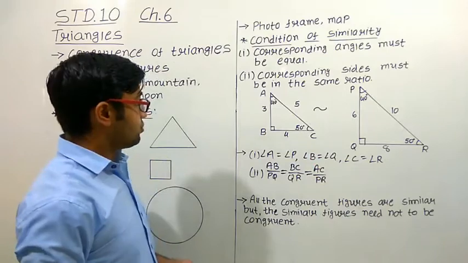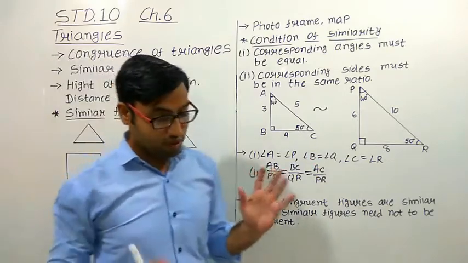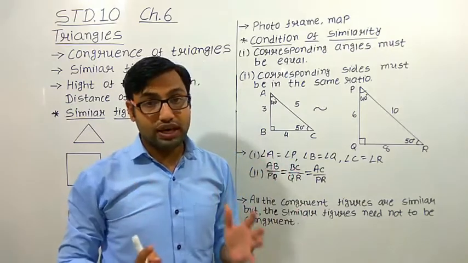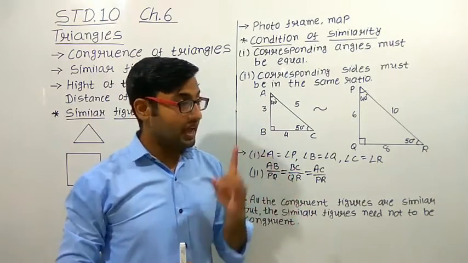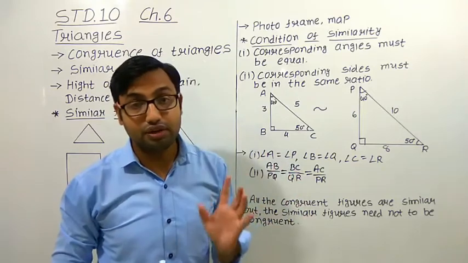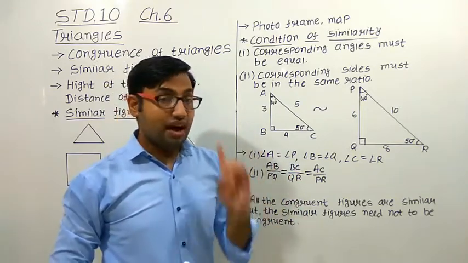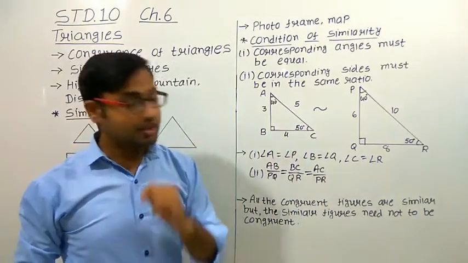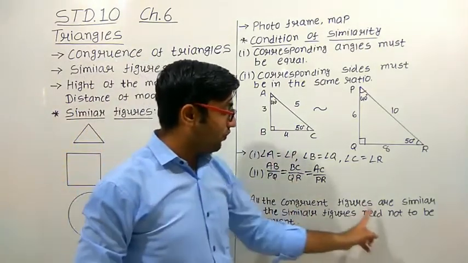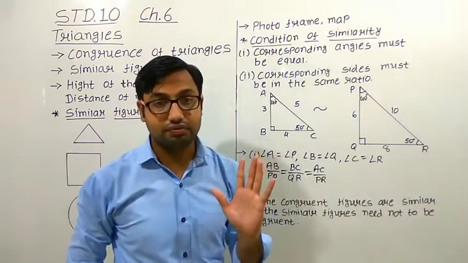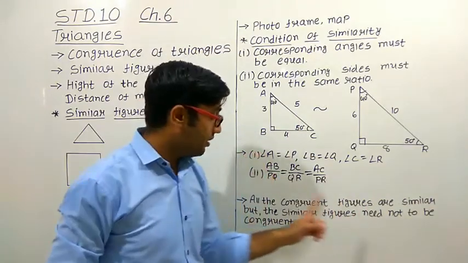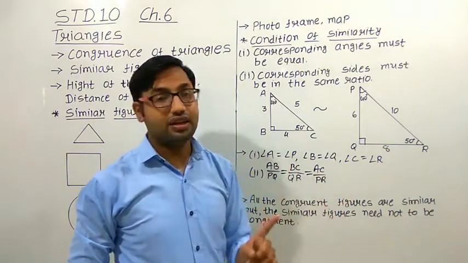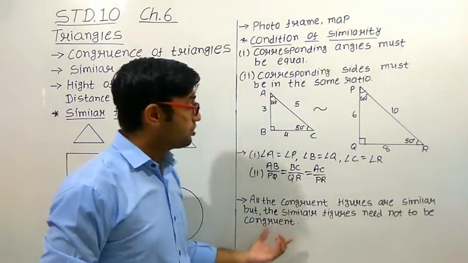Right? Now this concept of similarity should be clear in your mind. You now know what congruent triangles are, and you know what similarity of two triangles is. Based on the concept of congruence and similarity, we can say that all congruent figures are similar, but similar figures need not be congruent.